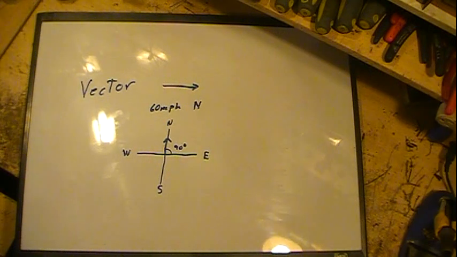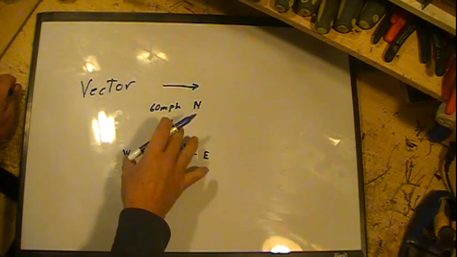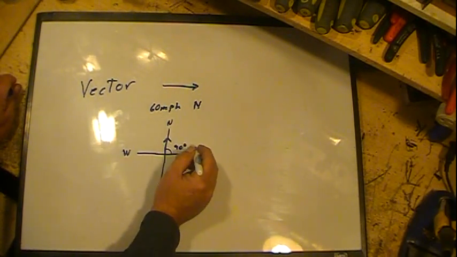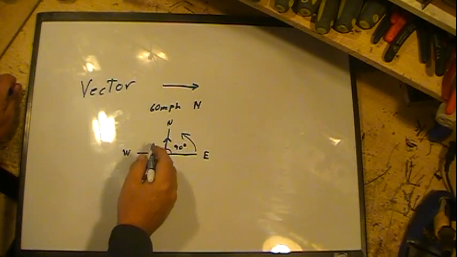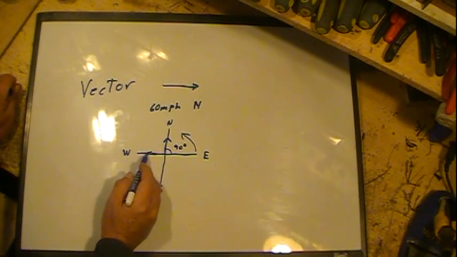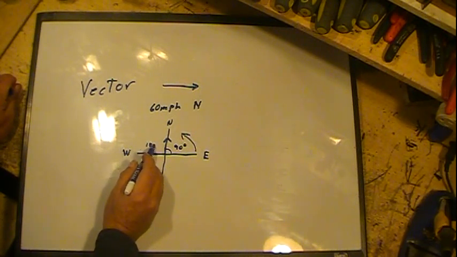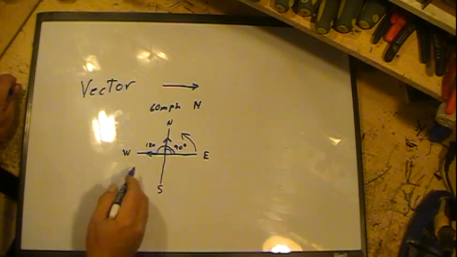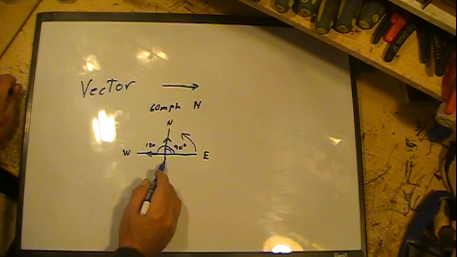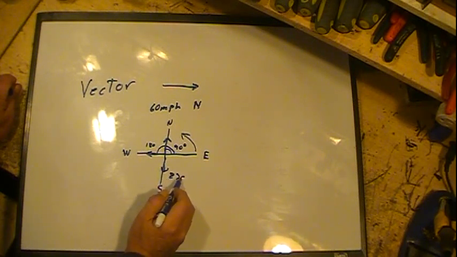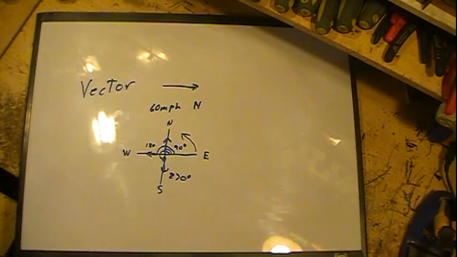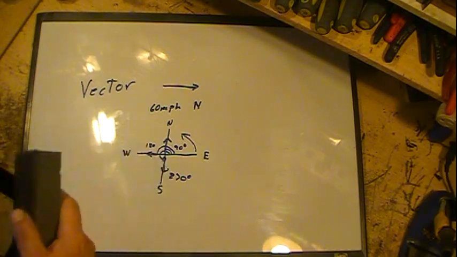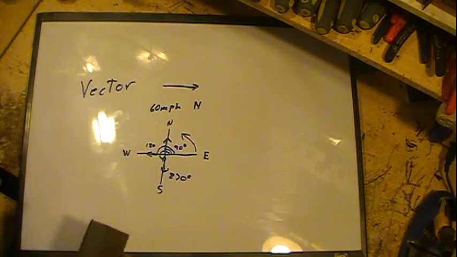So another thing I could say is 60 miles an hour at 90 degrees. All angles on graphs like this are measured as positive angles going counterclockwise. If it was west, it'd be 180 degrees. South would be 270 degrees. And east can be represented either by 0 or 360.